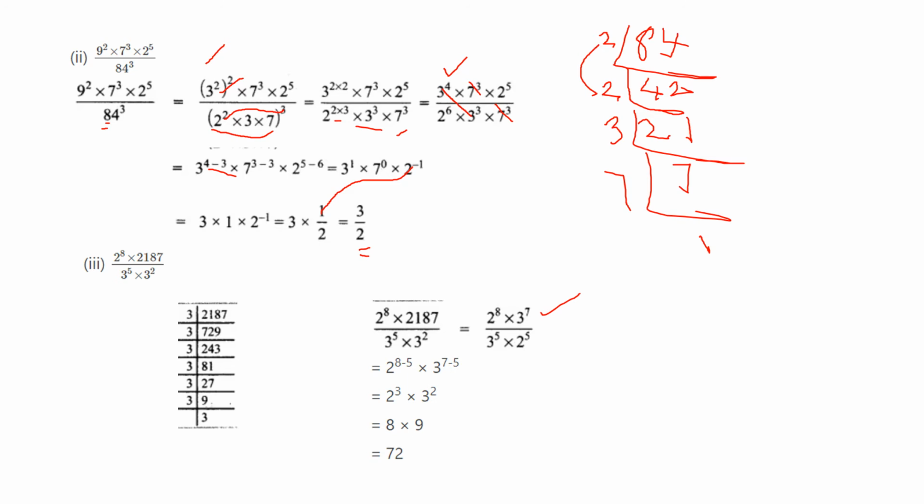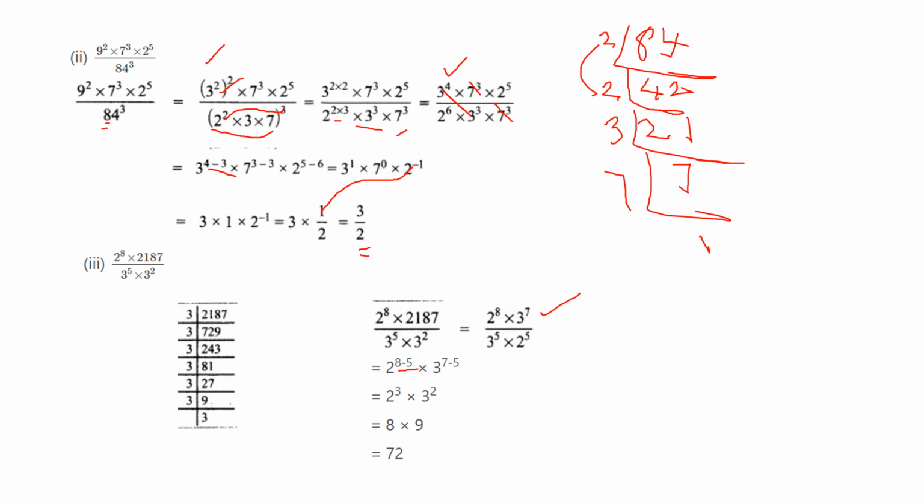So 2 power 8 here, a power m divided by a power n equal to a power m minus n. That formula also you use. Otherwise directly you cancel. Here I am using that formula. So 3 to the power 7 minus 5, that is 2; 2 cube, 8 minus 5 is 3, 7 minus 5 is 2.